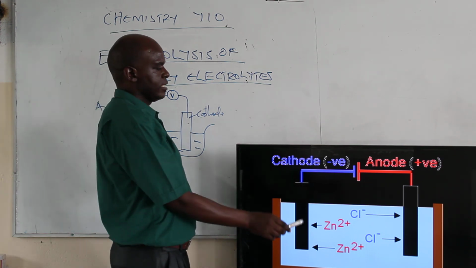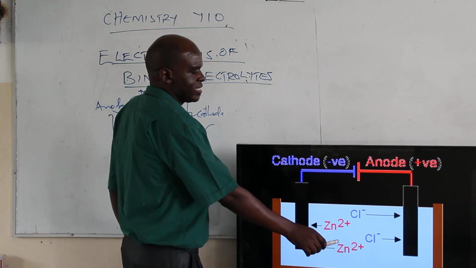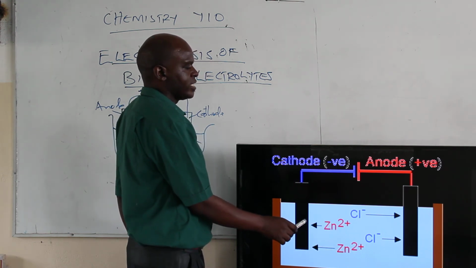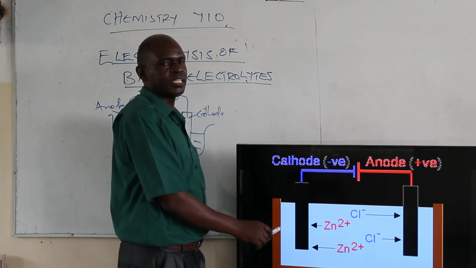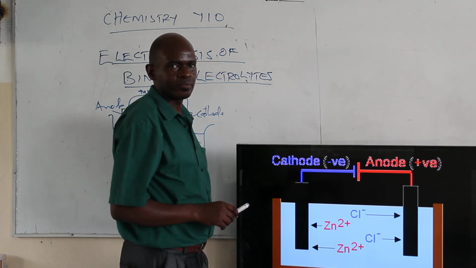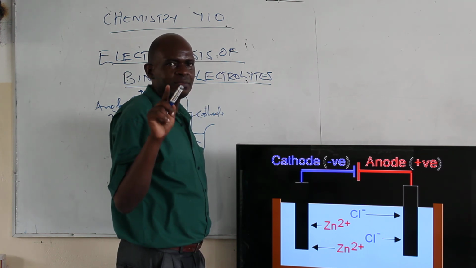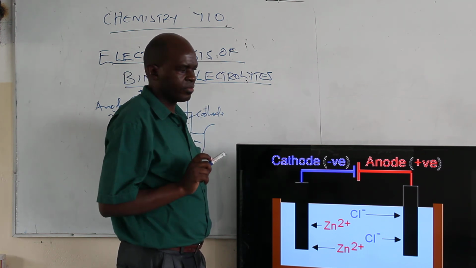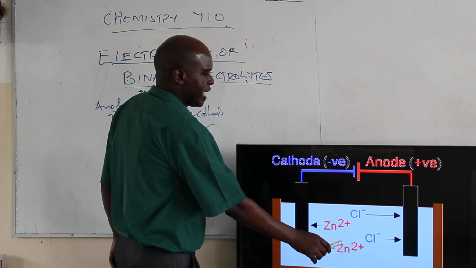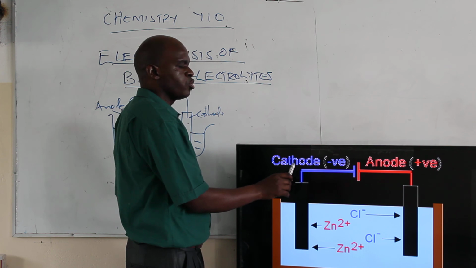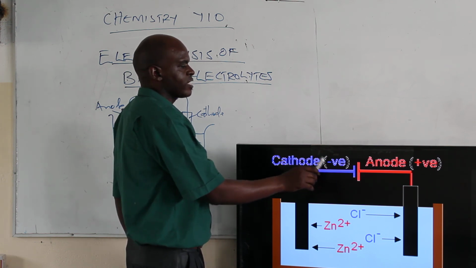That means that the positively charged ions, that is zinc ions, are going to be attracted towards the cathode, which is the negative terminal. Don't forget the law of science: opposite charges will always attract. So the zinc ions which are positively charged are going to be attracted to the cathode, which is the negative terminal.